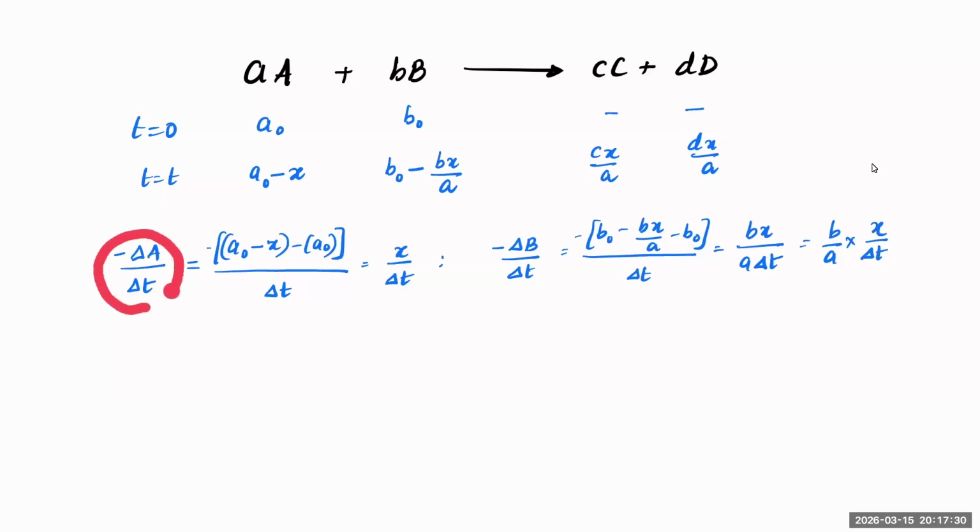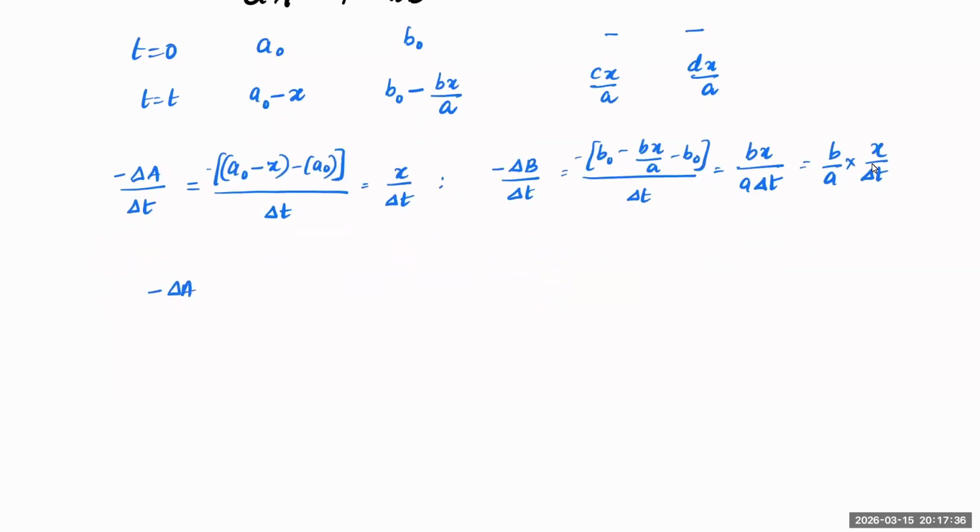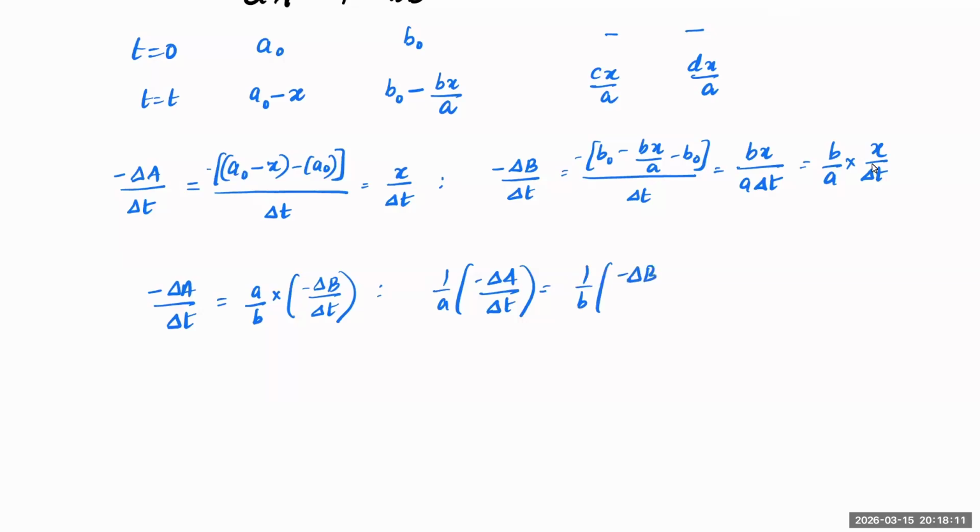Now, if I have to relate this with respect to this, you can notice here minus delta A by delta t is equal to a by b times minus delta B by delta t. So if I bring this a to the other side, I will get minus 1 by a times delta A by delta t, that is equal to minus 1 by b times delta B by delta t.